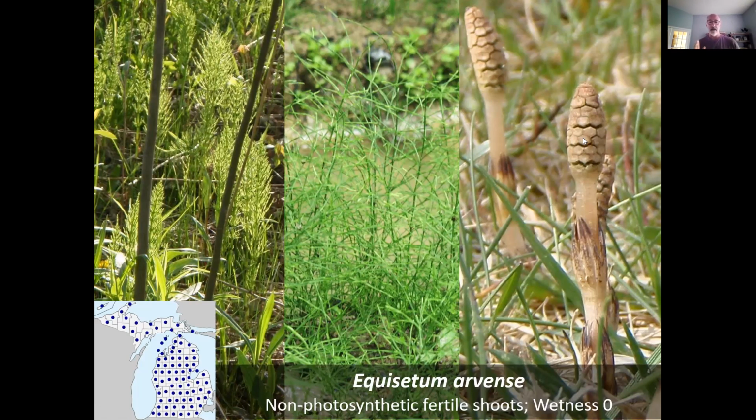These come up slightly before the vegetative stems, which I have on the far left. These tightly packed vegetative stems eventually expand out into the more diffusely branched plant that you and I know and love. But for me, I know I'm around arvense without much effort when I find these fertile shoots without any chlorophyll.